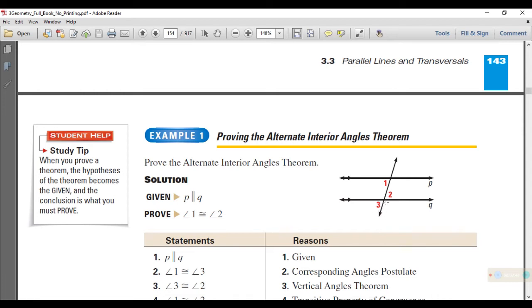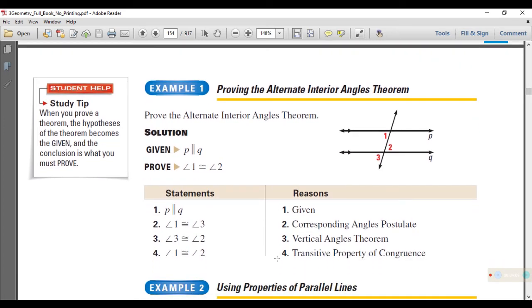So, if you have non-adjacent angles sharing a common vertex and pair of sides, then the two angles are vertical and they are congruent. So, si 3 ay congruent kay 2. Gamitan natin siya ng transitive. Si 1 ay congruent kay 3, si 3 ay congruent kay 2, so si 1 ay congruent kay 2. Transitive property of congruence. Ganun lang siya kasimple.